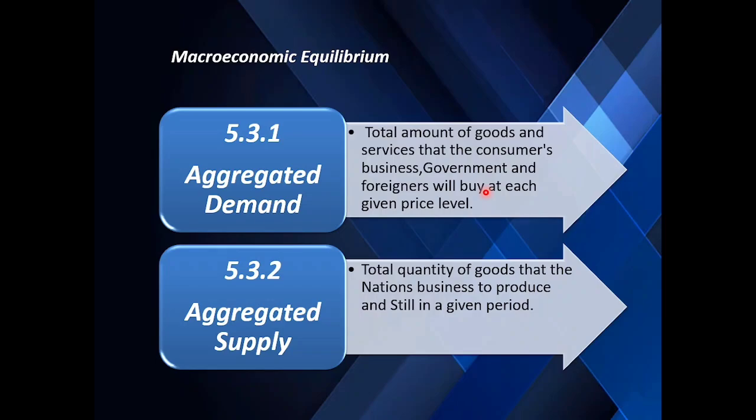The total purchases are affected by the prices at which the goods are offered, by people's income, by financial conditions and expectations about the future, and by foreign economic conditions, as well as by foreign policies in the monetary and fiscal arenas.